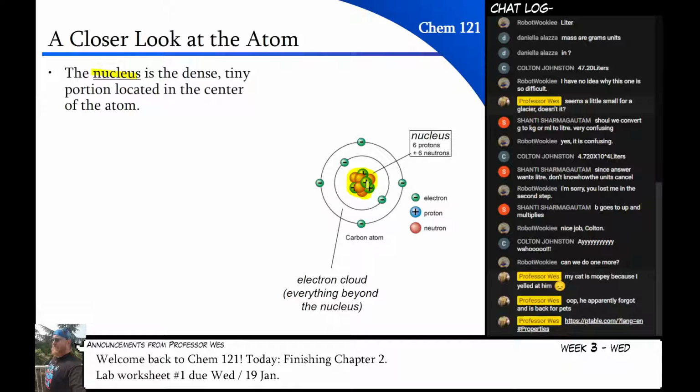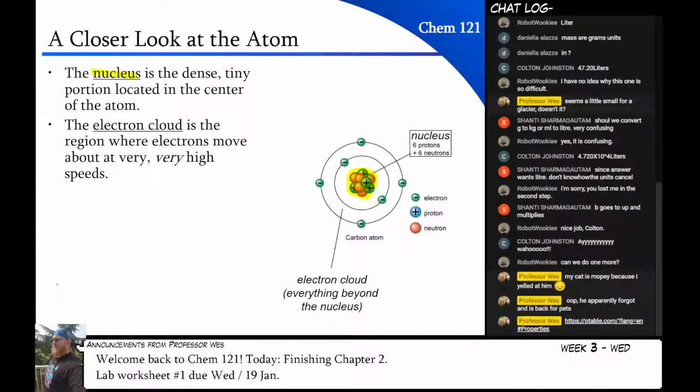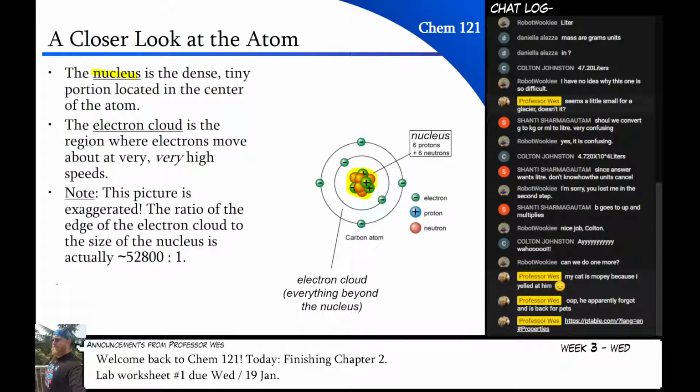How the heck is that possible, though? If a nucleus is that dense, how do we not all weigh billions of tons? And the answer is, the nucleus is very, very tiny relative to an atom. The electron cloud around the outside, this region in space where my electrons float around, is actually much farther away than is shown on this picture. This little cartoon is not a very good model of what an atom actually looks like.